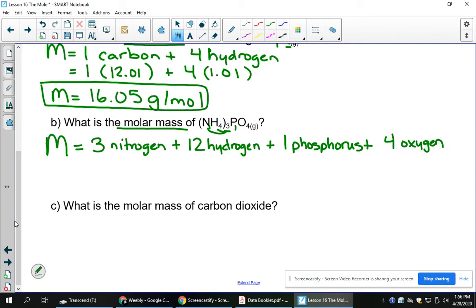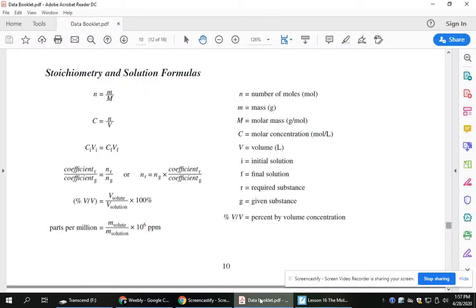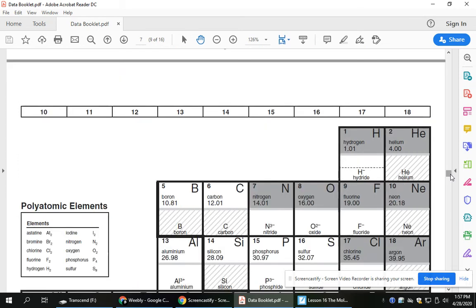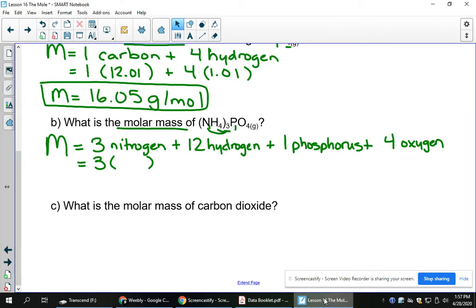Once we have it written out in words, we're going to write 3, and then in brackets, I want you to find on your periodic table the molar mass for nitrogen. Again, it's going to be right under the word for nitrogen. So here I see nitrogen has an atomic mass of 14.01, so I put that in the bracket.